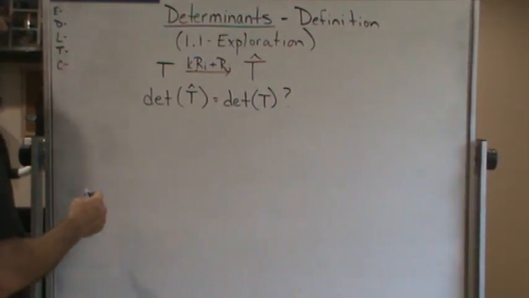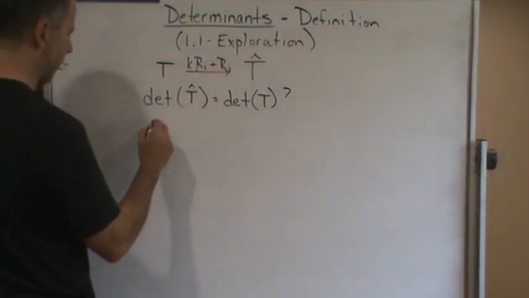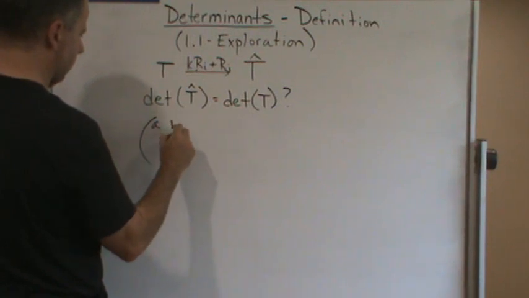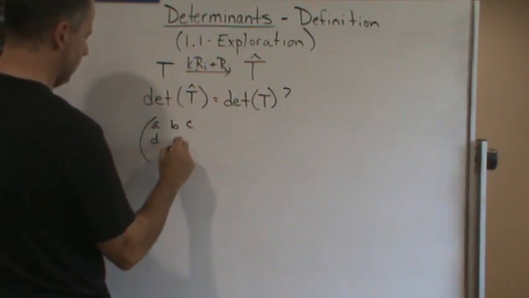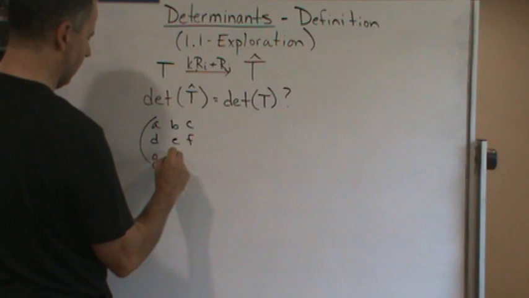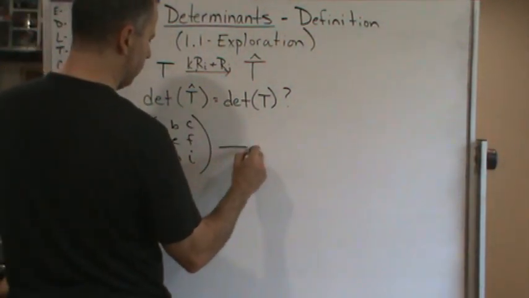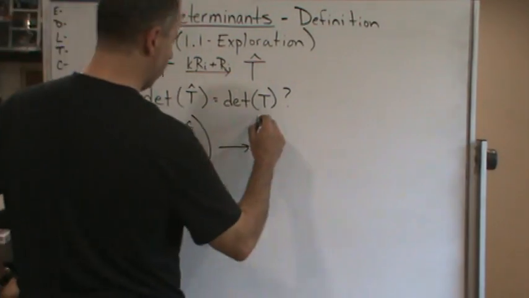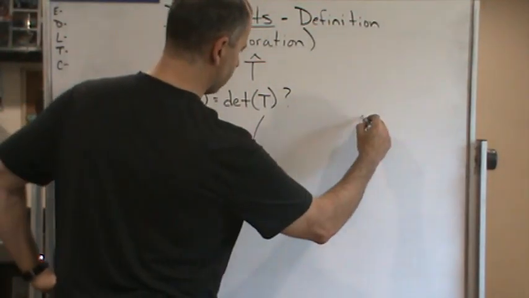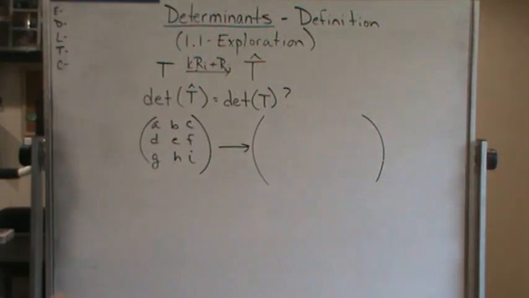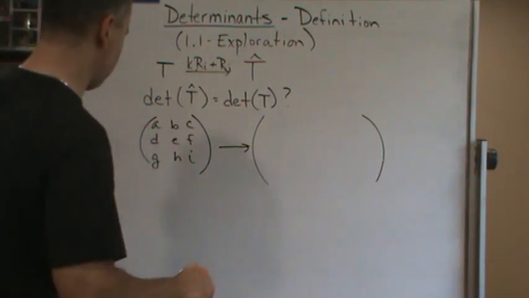Okay, so now let's just do the 3x3 case. We've got A, B, C, D, E, F, G, H, I. Now, if we do the transformation, what do we get? I'm going to make this a little bigger just in case. Again, it doesn't matter which rows we use; in fact, it doesn't matter which two rows. Let's do the first and second row again.